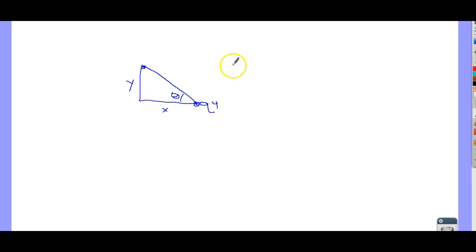My tan of theta is going to be equal to my opposite over my adjacent. So that's y over x, and these are my y over x distances. Now if I want to find what my theta actually is, I need to take the inverse tangent of y over x, which gives me theta.